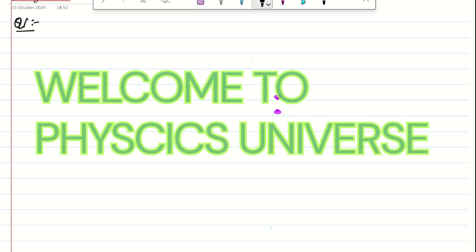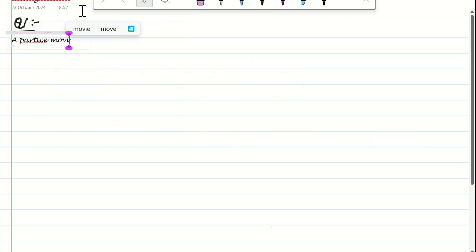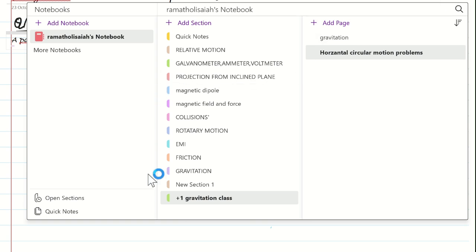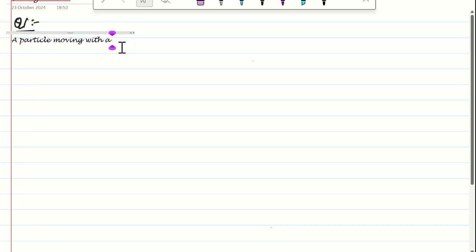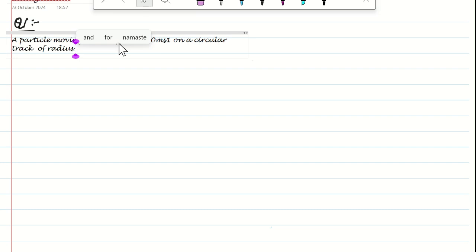A particle moving with a speed of 10 meters per second on a circular track of radius 25 meters.